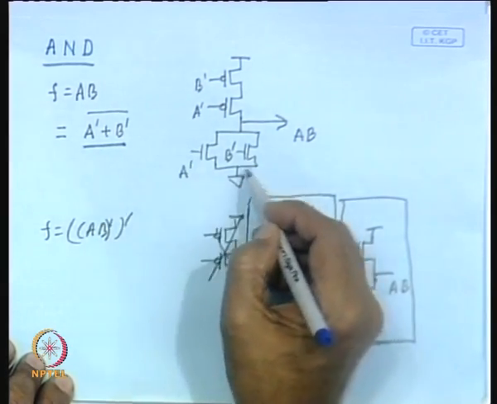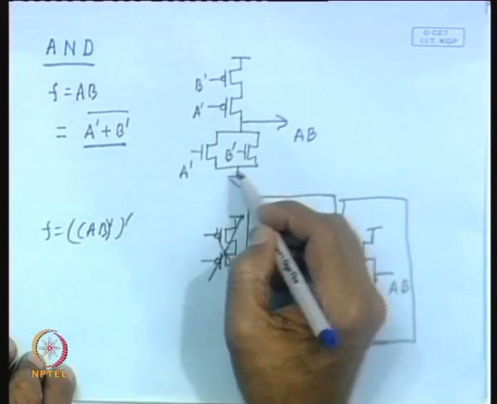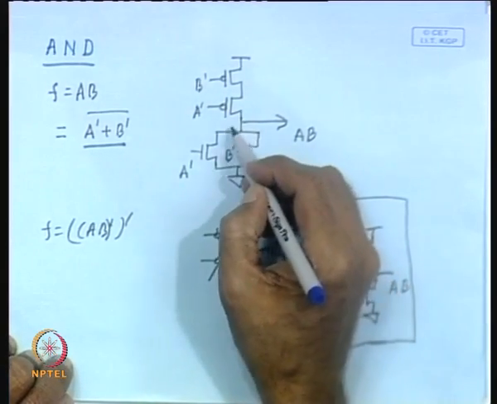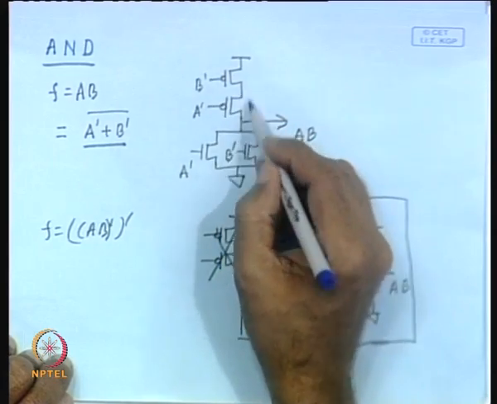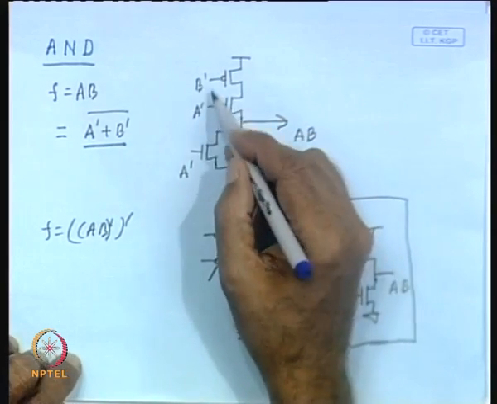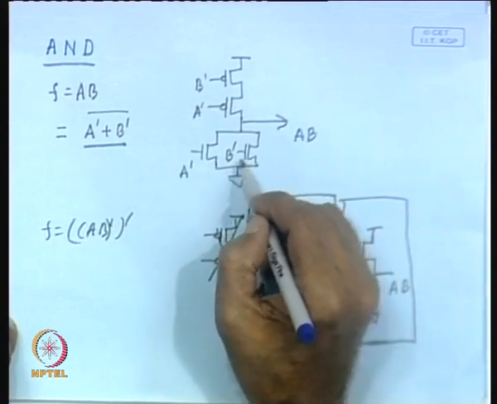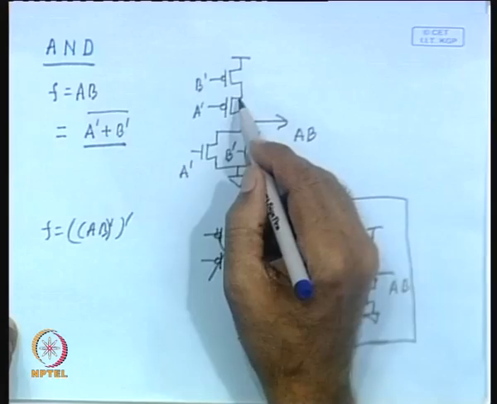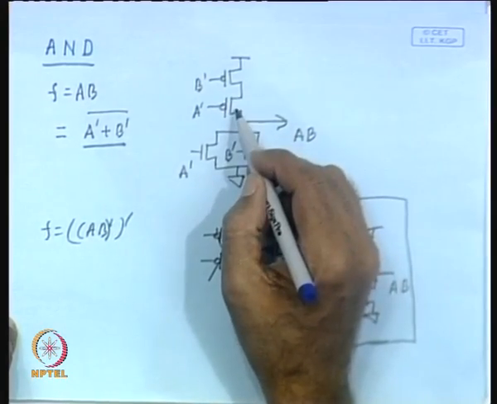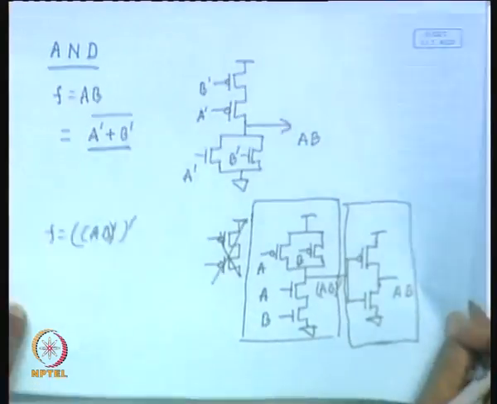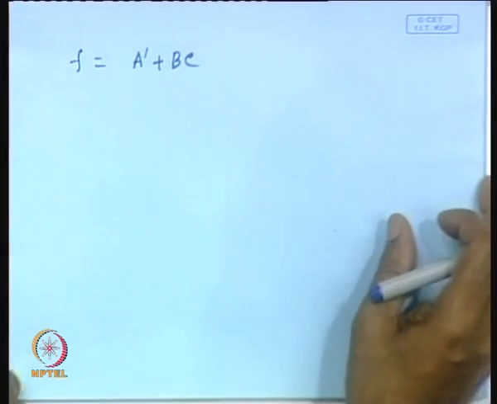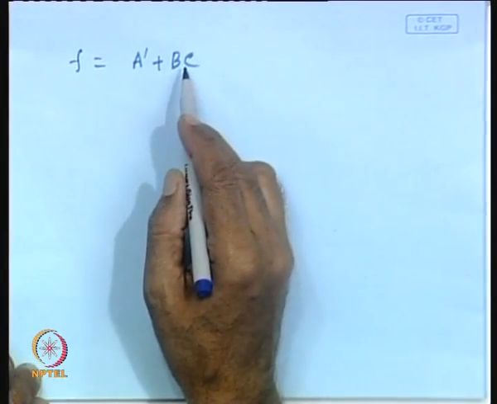So, the NMOS network realizes the complement function, and the PMOS network is essentially the dual of that network. Dual means whenever it is series, it is parallel, and whenever it is parallel, it is series. So, that is the concept that we can use to realize any complex function like this.